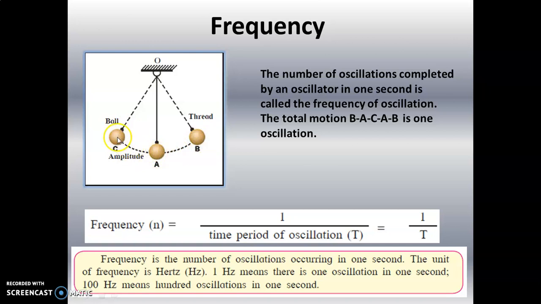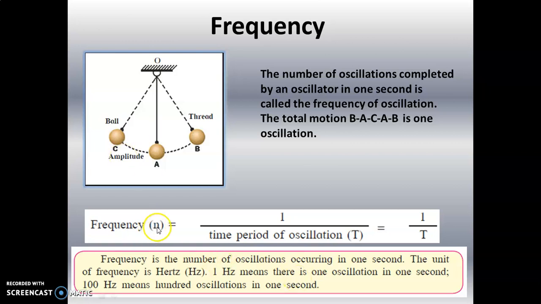And suppose I am starting from C, then you tell me children how it will be. C to A to B, again back to A, and when it again goes to C, it is one oscillation. Okay, so like that, how many oscillations are happening in 1 second is called the frequency of the oscillation.